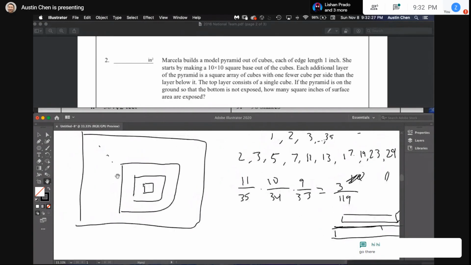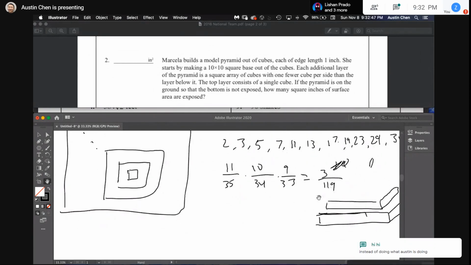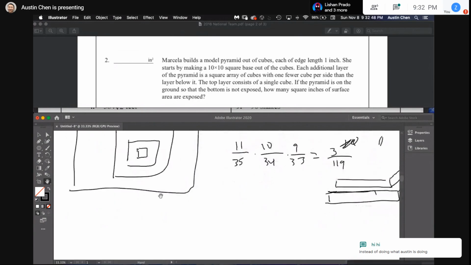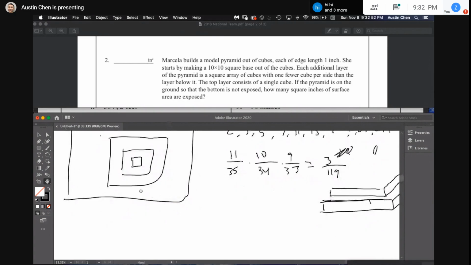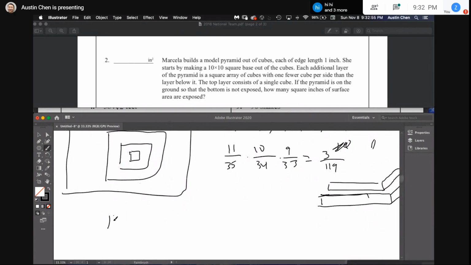Okay, yeah. So if you look at it from a bird's eye view, the total top surface area is just the area of the 10 by 10 square, because it totally encompasses all of the stuff. So basically the top surface area of all the cubes will just be the area of the 10 by 10 square, which is just 100.